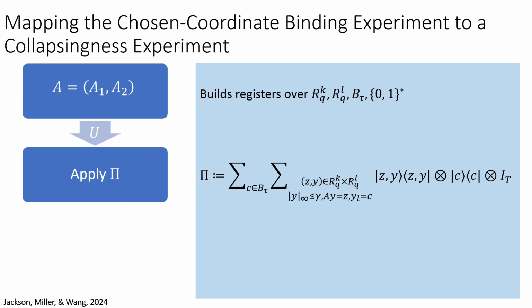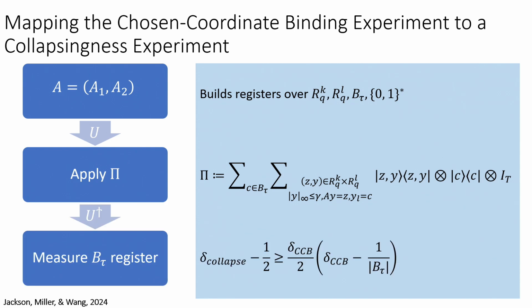Then we can construct projective measurements that more or less just check whether or not the registers are in a self-target MSIS solution state. And in that case, if the B tau register is measured, in practice, it tends to perturb the states in such a way that they are less likely to be in a self-target MSIS solution state than if no measurement was made.